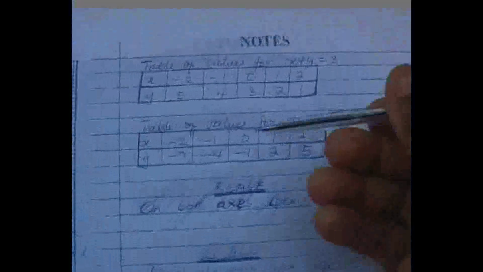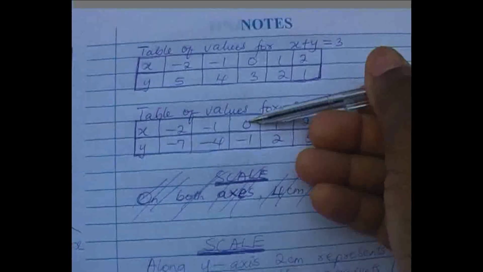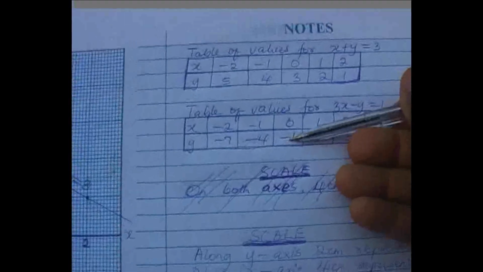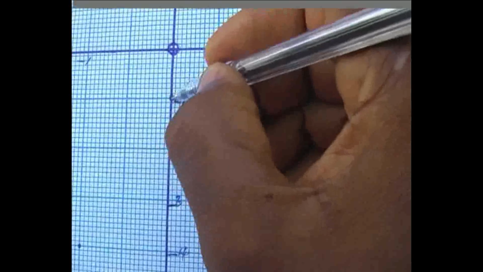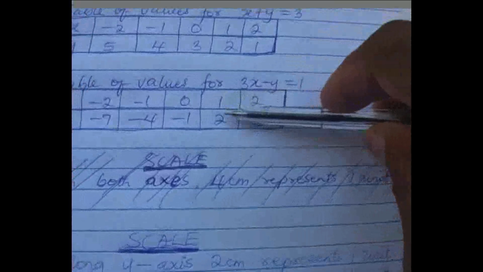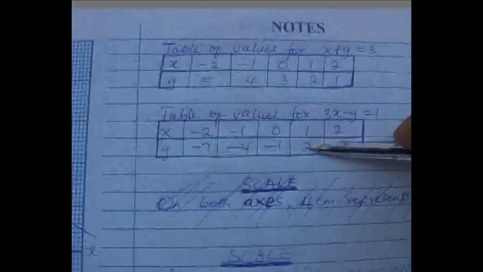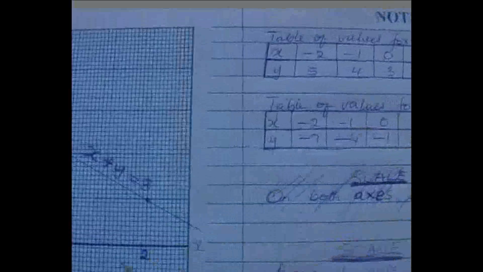The third, go to the table of values: 0 for value of x and -1 for value of y. This is 0, value of x, and this is -1, value of y. So the next point is going to be here. Okay. The next is 1, value of x, and 2, the value of y. So go to where you have 1 as value of x.